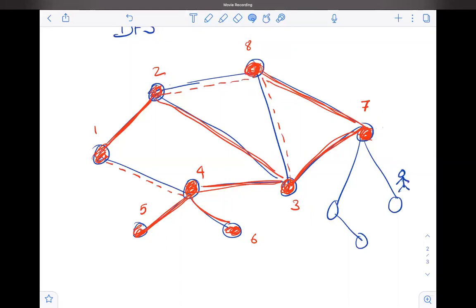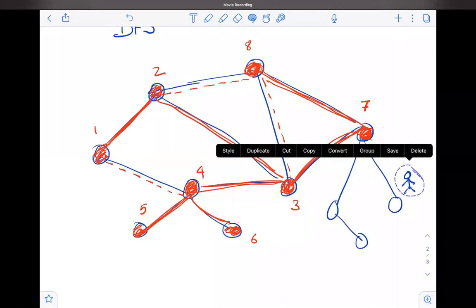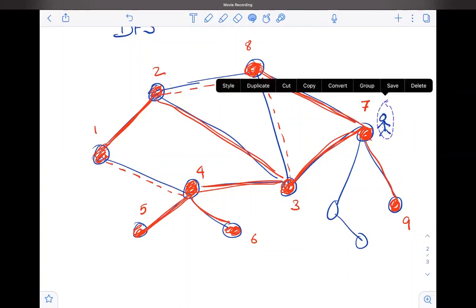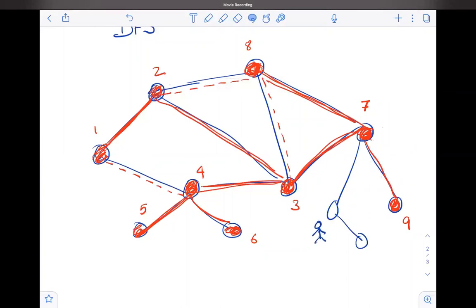Oh yes, 7 has an unexplored neighbor. I can go here. Good, and this will be the 9th vertex. 9 doesn't have any other unexplored neighbor. I will go back to 7, and then I will come to here. So this will be the 10th vertex, and then from here I will go to here, 11th vertex.